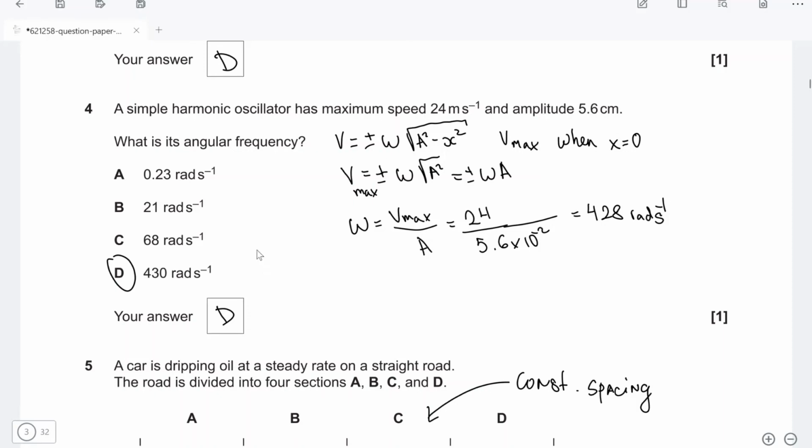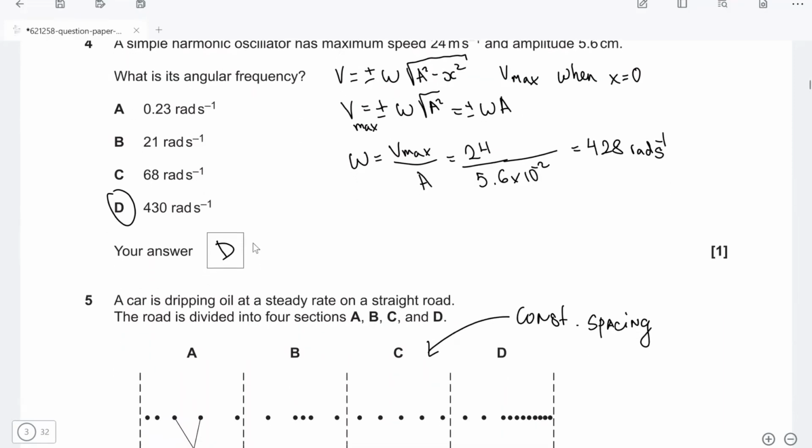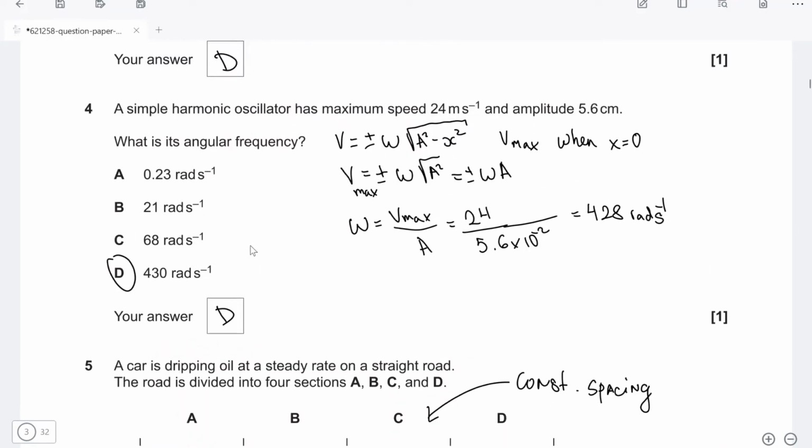Question 4, we have a simple harmonic oscillator which has a maximum speed of 24 meters per second and an amplitude of 5.6 centimeters. What is its angular frequency? The speed of a harmonic oscillator is given by plus or minus omega square root of a squared minus x squared. Now, the maximum speed occurs when we're going through the equilibrium when x is equal to 0.